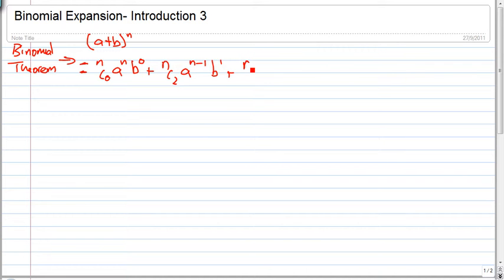Then you do the same thing for the third term. You write it as nC2, a to the power of n minus 2, b to the power of 2. Once again, the powers add up to n.